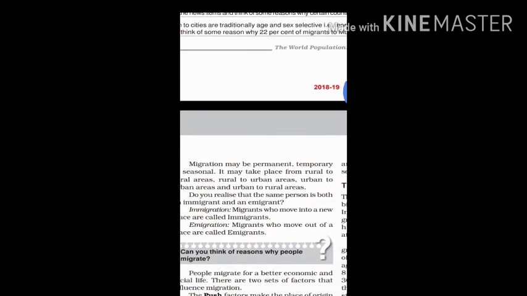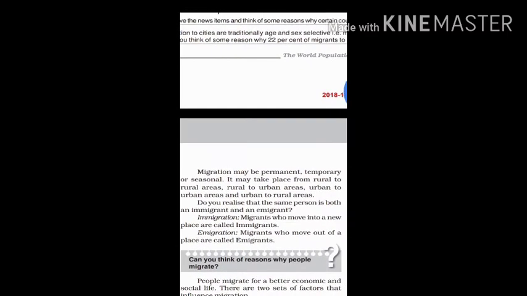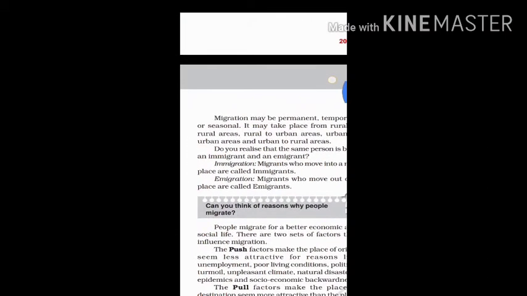And then comes seasonal. Seasonal migration takes place in particular seasons, and the migration is more in rural to rural areas, rural to urban areas, and urban to urban areas. Because in the rural areas the facilities are less, like job opportunities are less, educational opportunities are less.